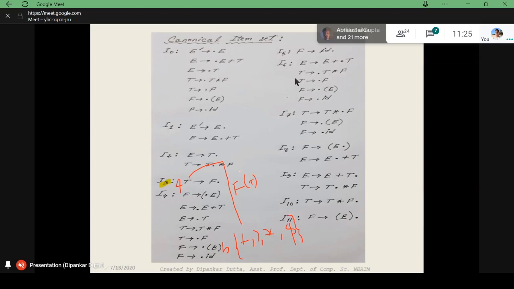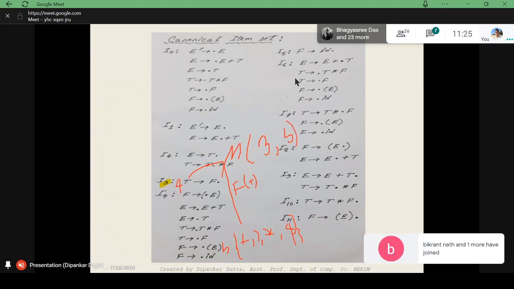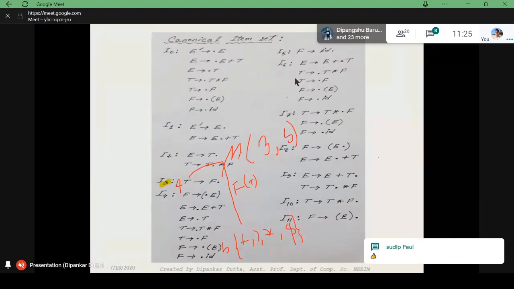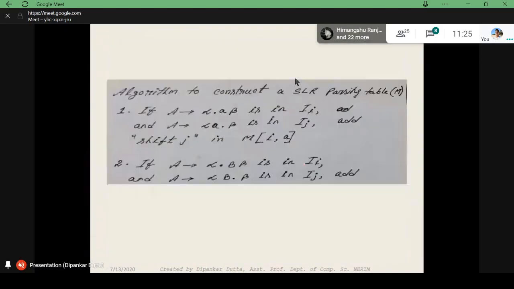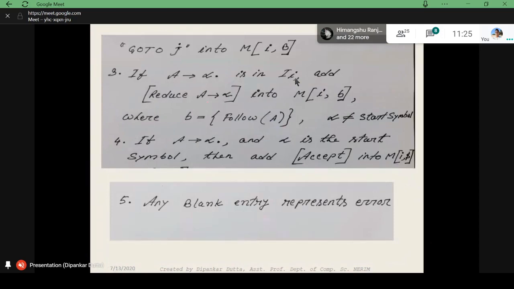So in M of 3 and B, in M of 3B you have to write what? R4. R4 means reduce 4, that means T implies F. Reduce T implies F.